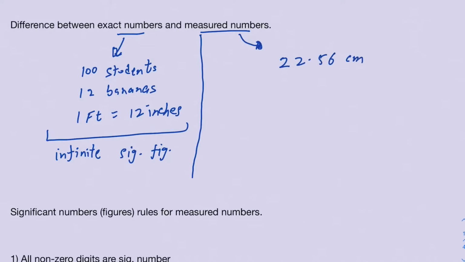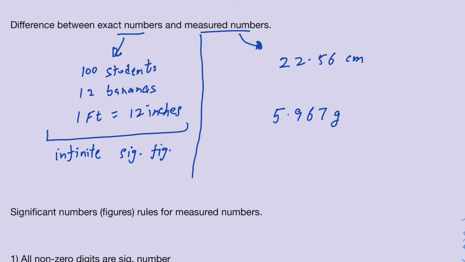That's your measured number. Then assume I'm measuring the mass of something. You can use a triple beam balance or a weighing scale, and assume the scale gives you the mass of an object to be 5.967 grams. These are your measured numbers.